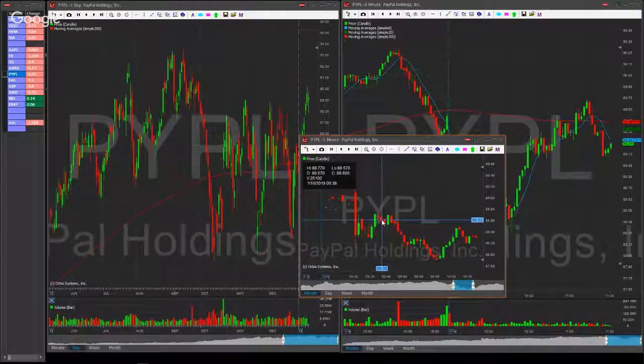Right here in this candle, 88.58 was my entry towards the downside, and it started chopping here. I set my stop right above the candle and got stopped out for small green.